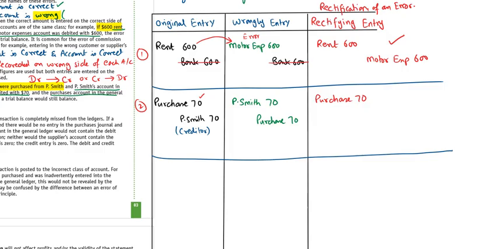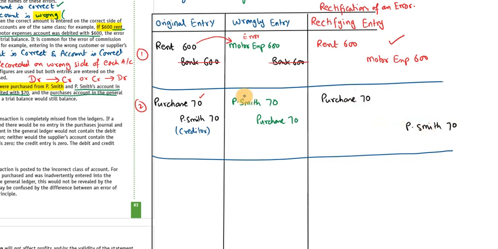By using the same color, it will be more beneficial to understand. And P Smith should be credit, so we credit P Smith by 70. So this is the original entry we should record.